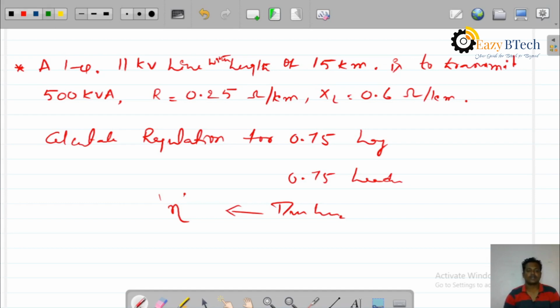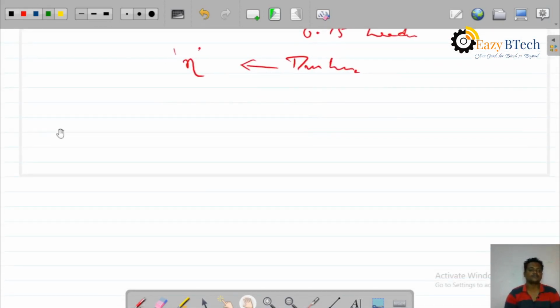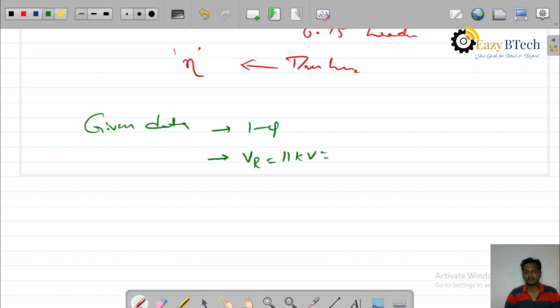First we have to write the given data. What is given, what we have to find. Given data: it is a single phase line, point number 1, and the voltage at receiving end is 11 kV, represented as 11,000 volts.